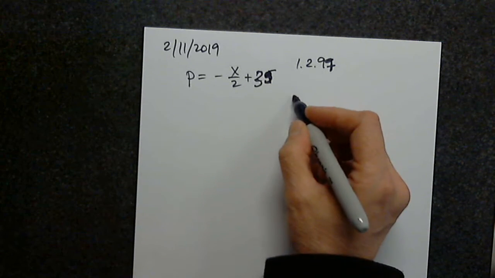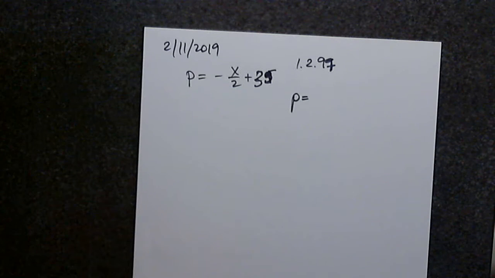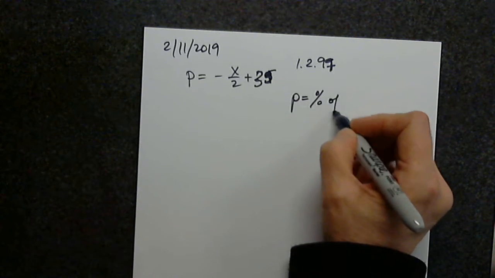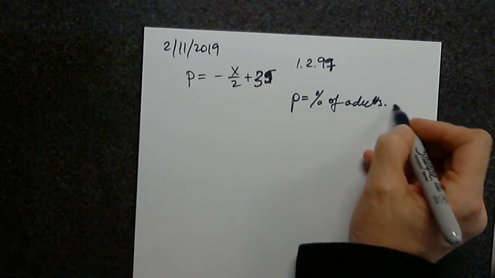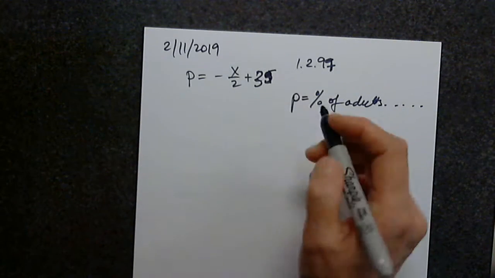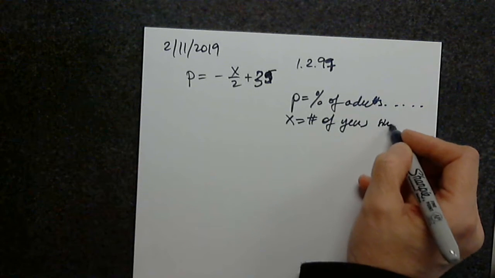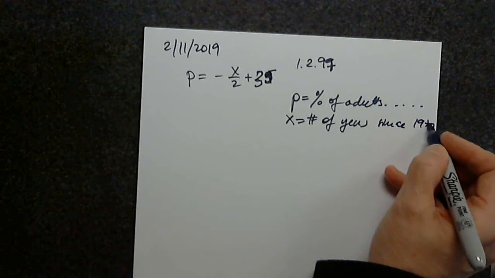Yeah, that works. So always when you read a word problem, please read it carefully and identify what the variables mean. So this is the percentage of adults who do so and so. Now X is the number of years since, I believe, 1970.